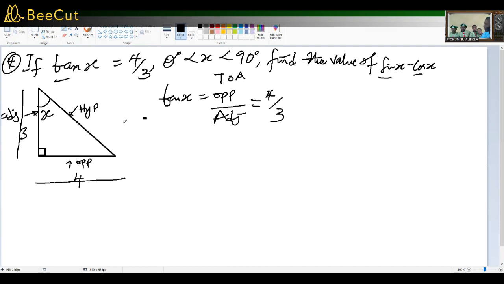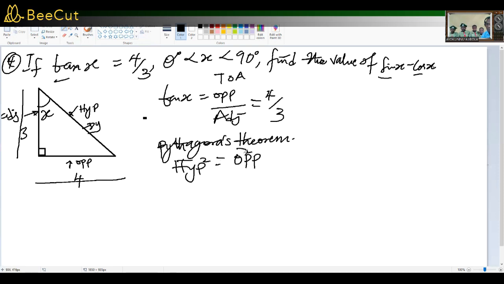Then we don't know our hypotenuse, but we can find it. Call it y. There's something called Pythagoras theorem.